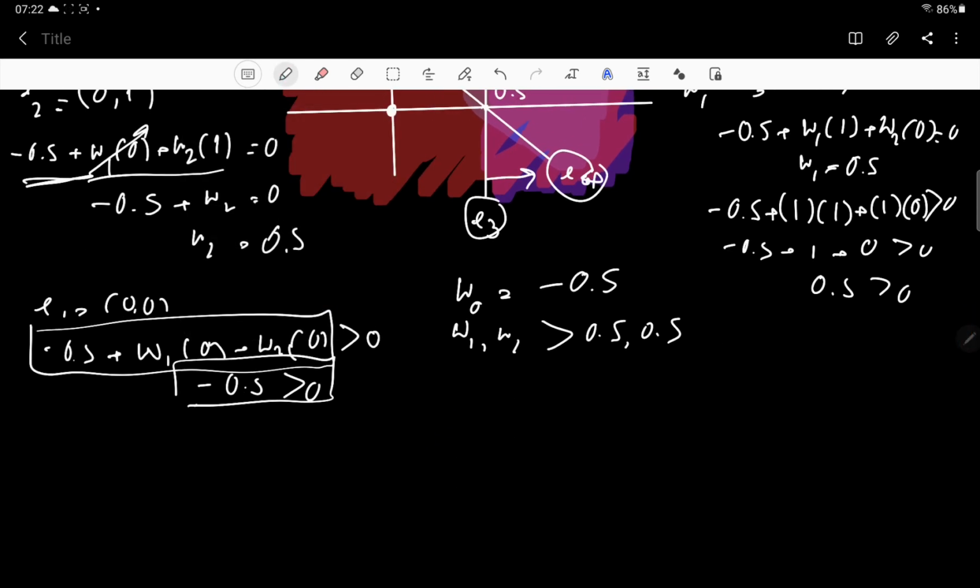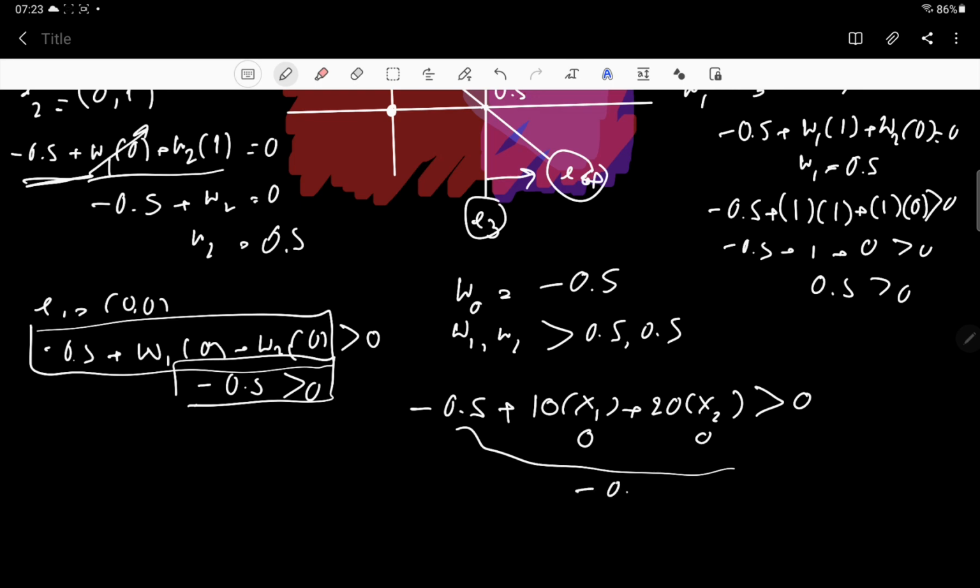I can show you that if we pick minus 0.5 plus 10 x1 plus 20 x2, it must be greater than 0, right? In the first example, x1 is 0, x2 is 0, so the summation is minus 0.5, so it will be the negative one.